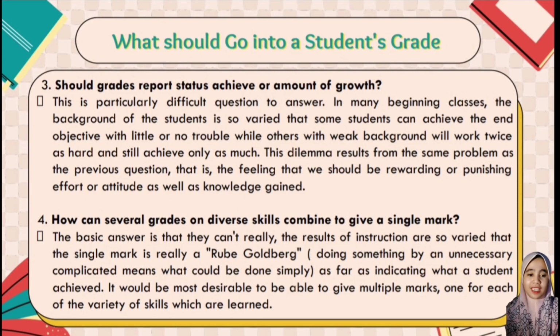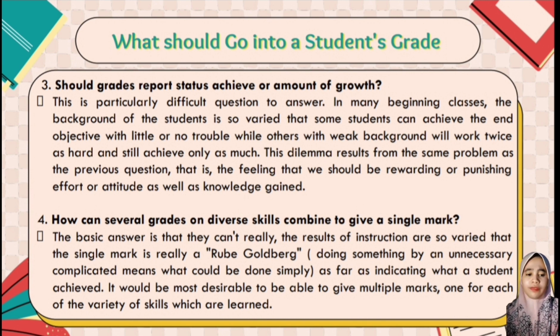Number 3 is, should grades report status achieved or amount of growth? This is a particularly difficult question to answer. In many beginning classes, the background of the students is so varied that some students can achieve the objectives with little or no trouble, while others with weak backgrounds will work twice as hard and still achieve only half as much.